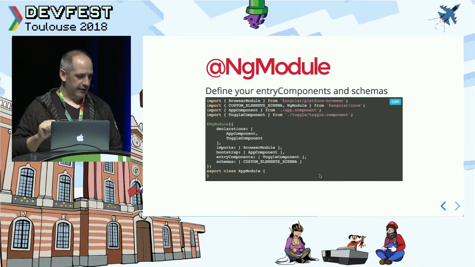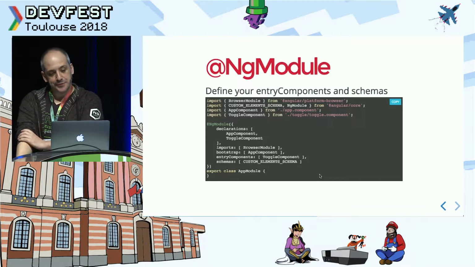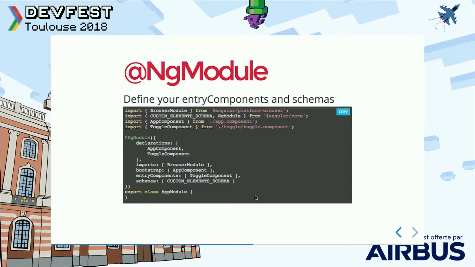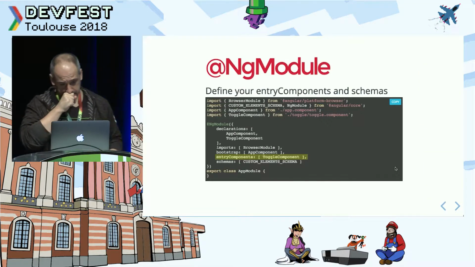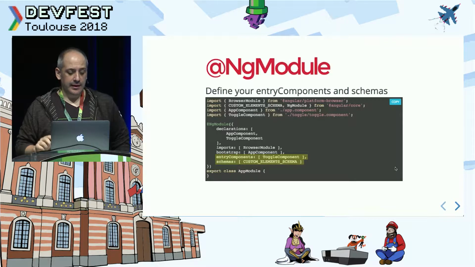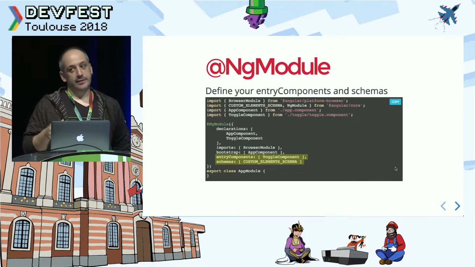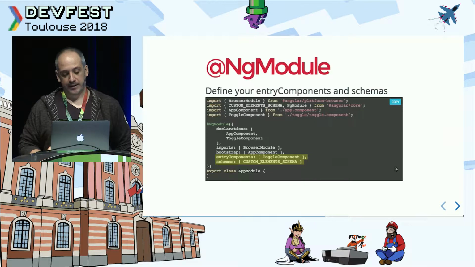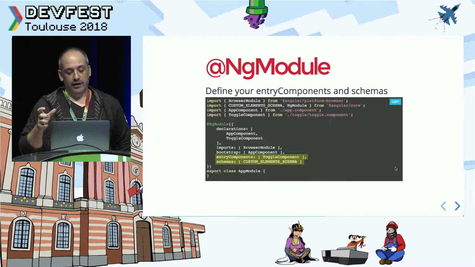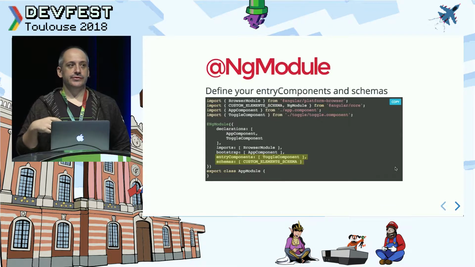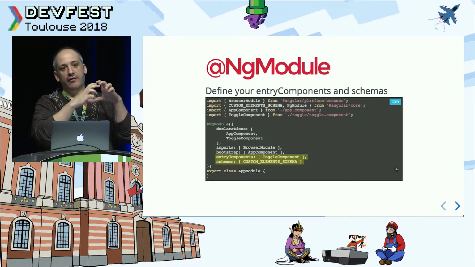So things that we have to keep in mind when we define our new web component: first, you have to define your entry components. Your entry components are going to be your Angular components that you want to export as web components. And also the custom elements schema. So custom elements schema is the schema that Angular uses to know that this part of the HTML markup is not Angular.